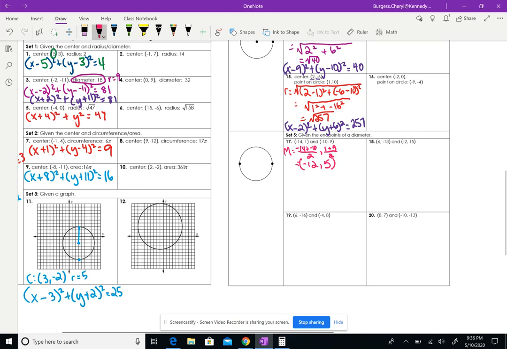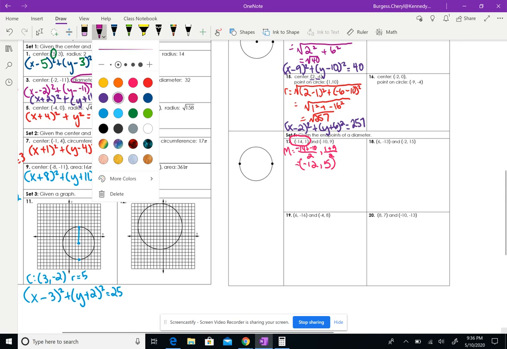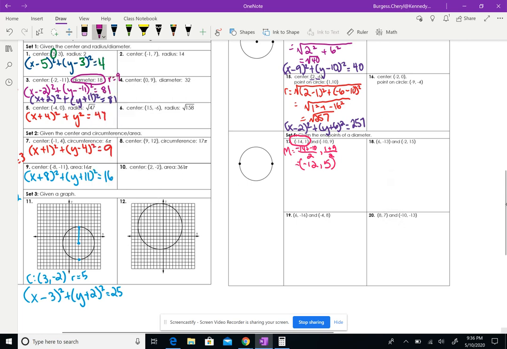Okay, so we just pick a coordinate. And I'm going to just pick this one, because why not? Let's pick the coordinate, and we're going to find the radius. So distance formula again.